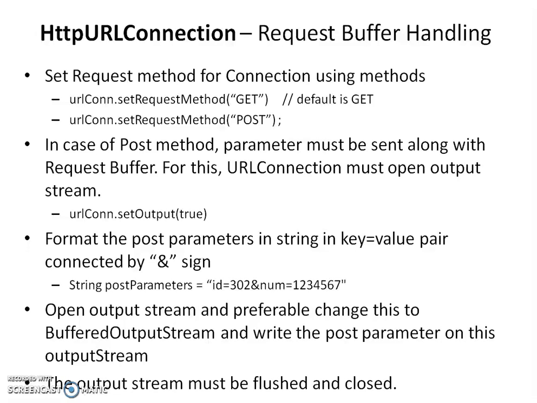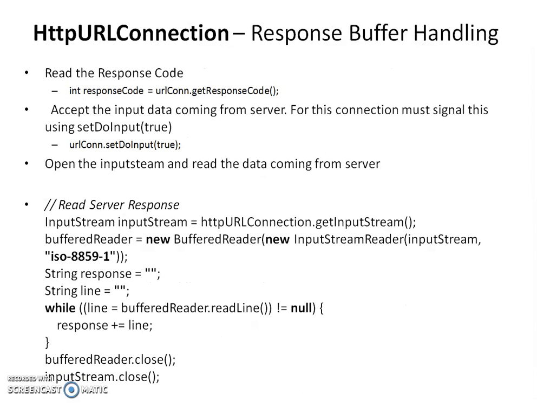Once we start getting the response, we need to see how we are going to handle the response buffer. First, we need to understand what kind of response we have got. So we can call urlConnection.getResponseCode, which will give us the response code. Then we can check if the response code is in the 200 range, then it's successful. If it's not in 200, then it may be some error.